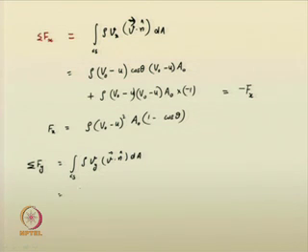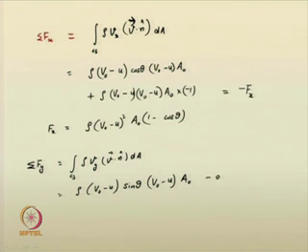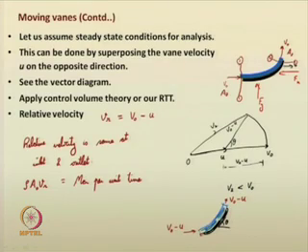So, this is nothing but equal to rho V 0 minus u sin theta, V 0 minus u into A 0, minus 0, because at the inlet, there is no component of velocity in the y direction.